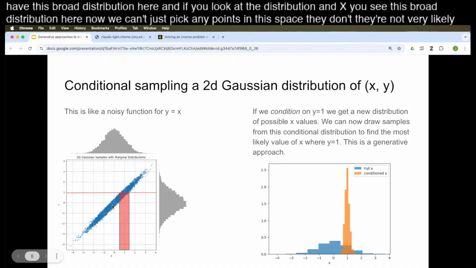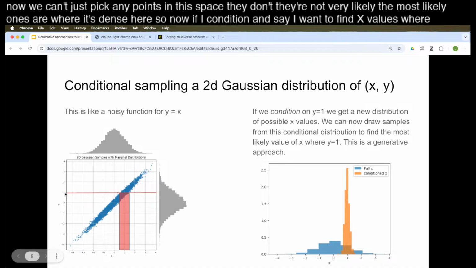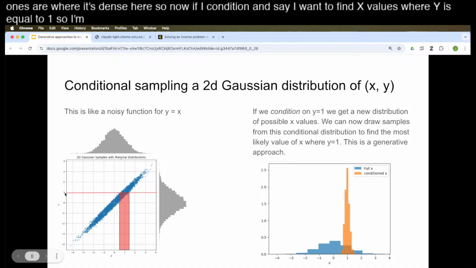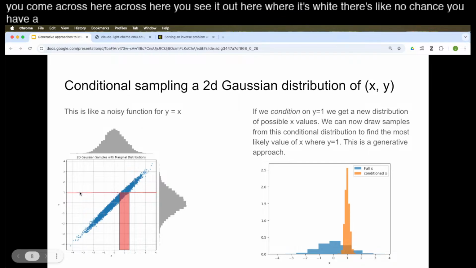The most likely ones are where it's dense here. So now, if I condition and say I want to find X values where Y is equal to 1, so I'm specifying Y equals 1, you come across here, you see out here where it's white, there's like no chance you have a value out there, no real chance. But all of the X values are in this range here.